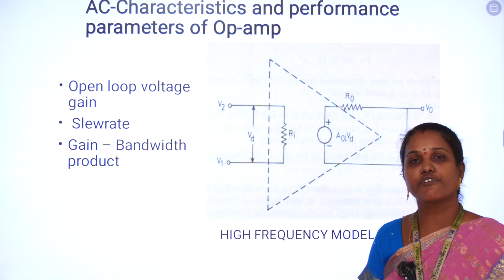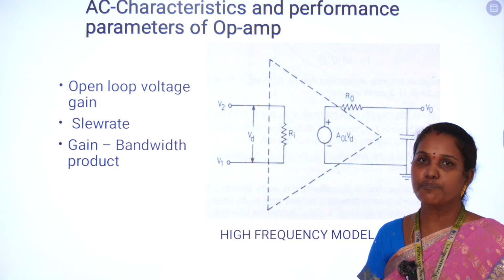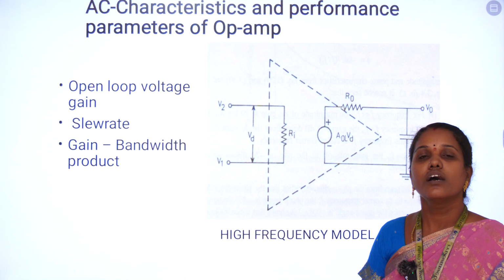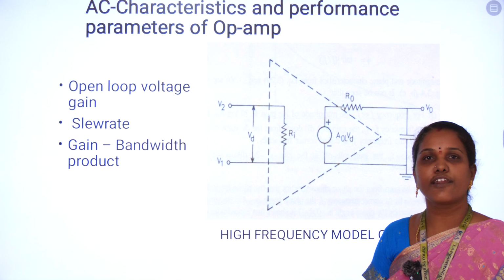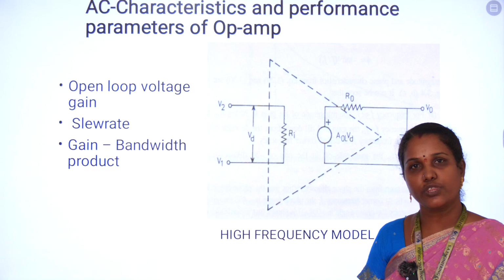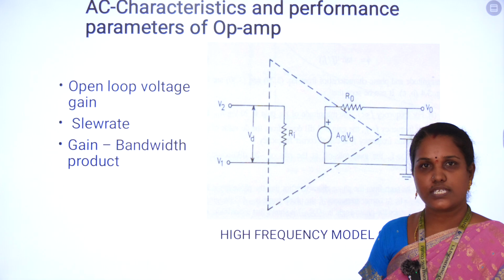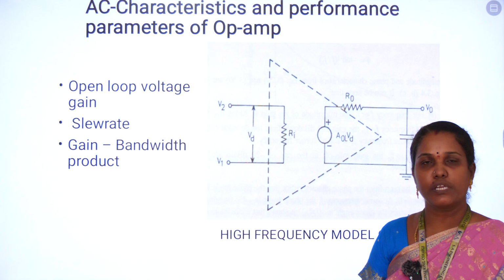IC741 pin details: the first pin is offset null, the second pin is the inverting input, the third pin is the non-inverting input, the fourth pin we use for the negative supply voltage, the fifth pin is offset null, the sixth pin is the output, the seventh pin is the plus VCC positive supply voltage, the higher voltage, and the eighth pin is no connection.